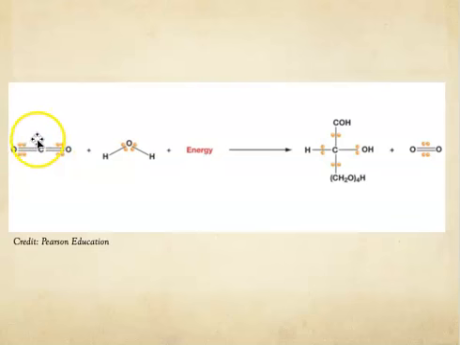This carbon, as it was sitting in a molecule of carbon dioxide, was relatively far away from the electron pairs that surrounded it. We have 1, 2, 3, 4 covalent bonds that this carbon is participating in, and all 4 electron pairs are relatively far away from that carbon atom because they are drawn to the oxygens. But when this carbon has these bonds broken and these bonds built, now it's bonded to one carbon here, one carbon here, one hydrogen here, and an oxygen here.